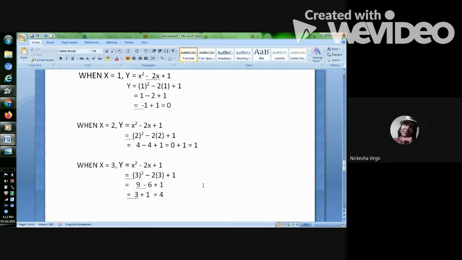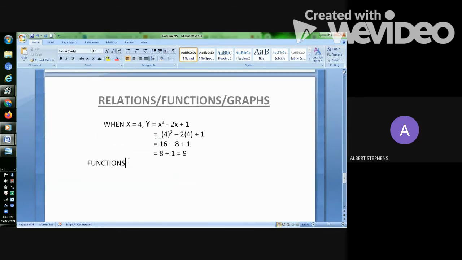All right, class. So we're going to look at what a function is. So remember, we look at relations, and we look at what a function is, right?